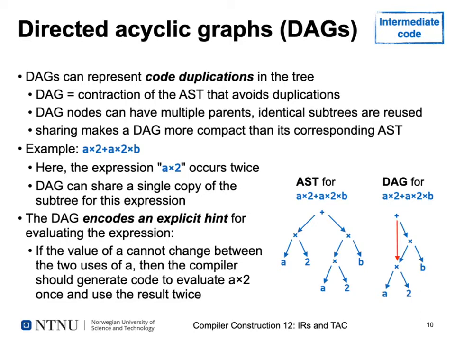So the DAG needs to encode an explicit hint for evaluating the expression then. So if we know that the value of a cannot change between the first and the second evaluation here, so between the two uses of a, then the compiler should actually generate code to evaluate a times 2 once and use the result twice. And that's exactly what happens when we try to transform this AST here into a DAG. We find out that, okay, yes, this is duplicate.